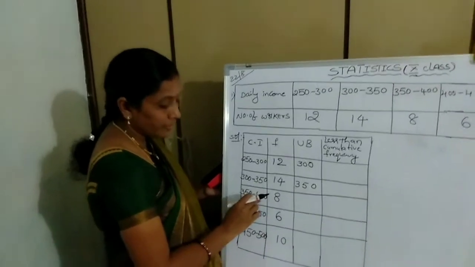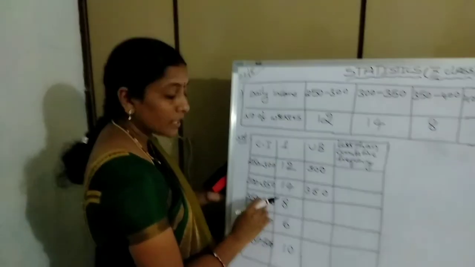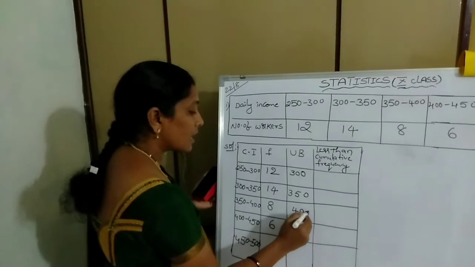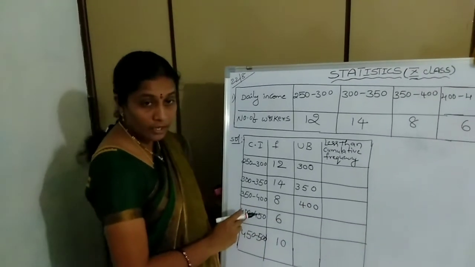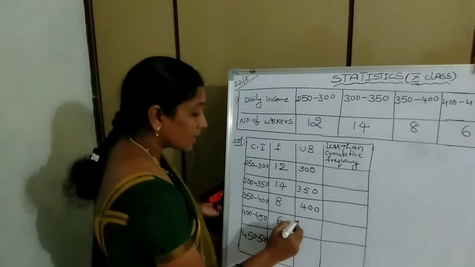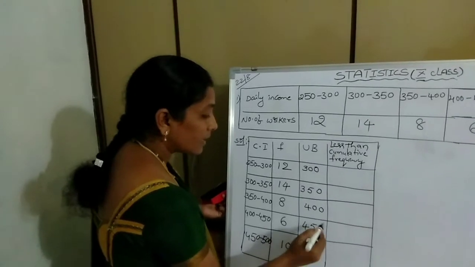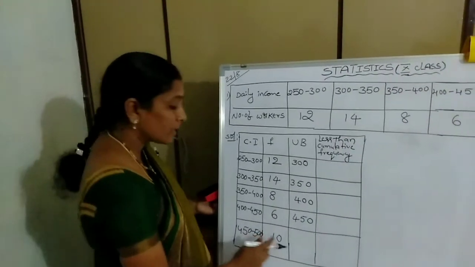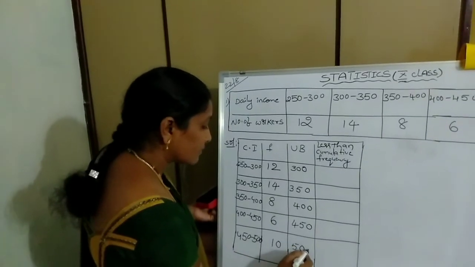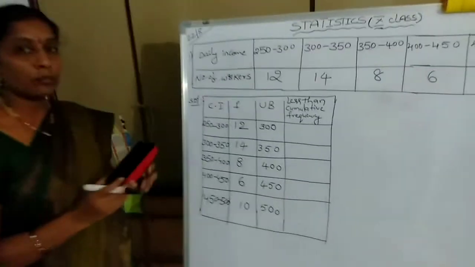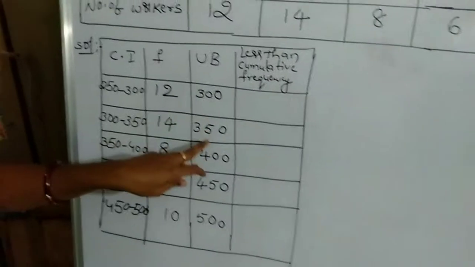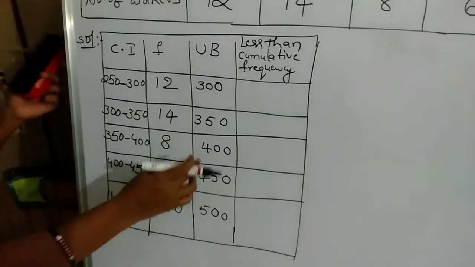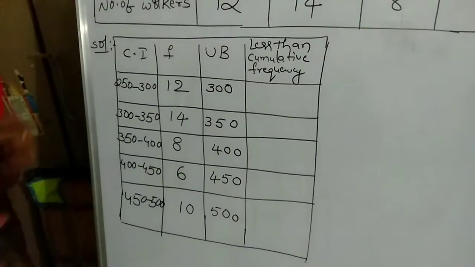Next, 350 to 400, the upper boundary is 400. In 400 to 450, the upper boundary is 450. In 450 to 500, the upper boundary is 500. So we can write upper boundaries like this: 300, 350, 400, 450 and 500.